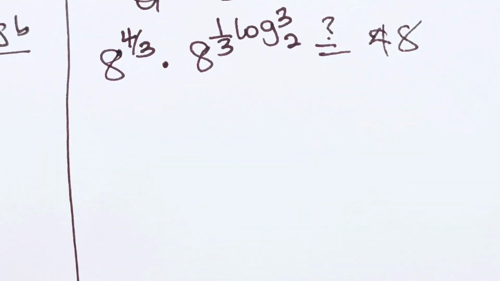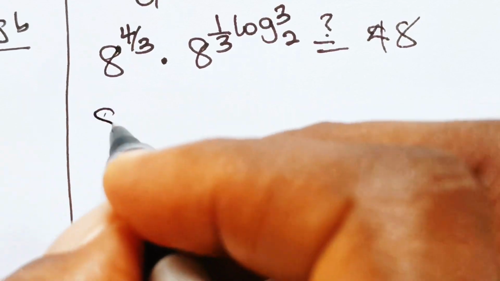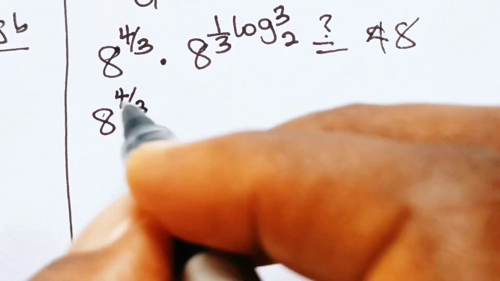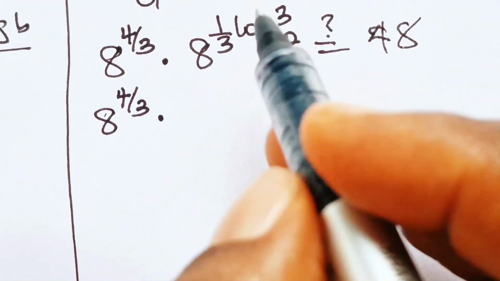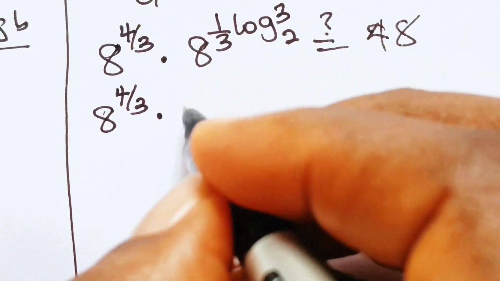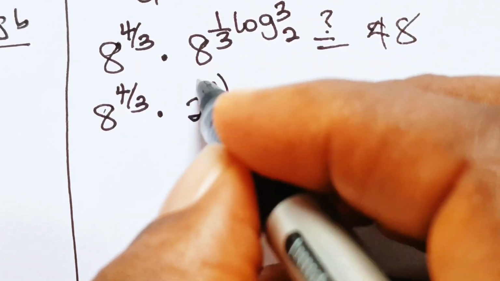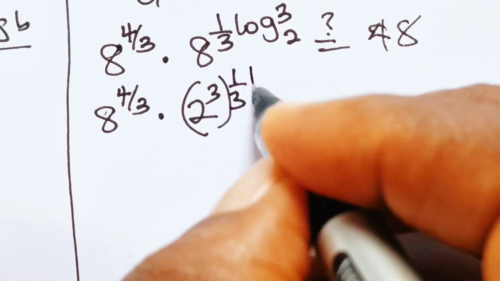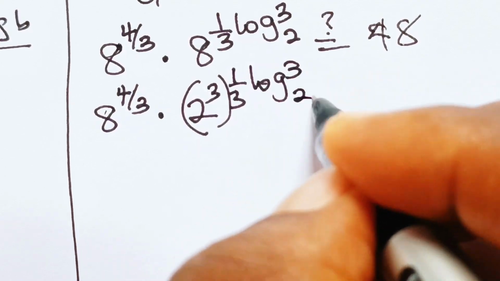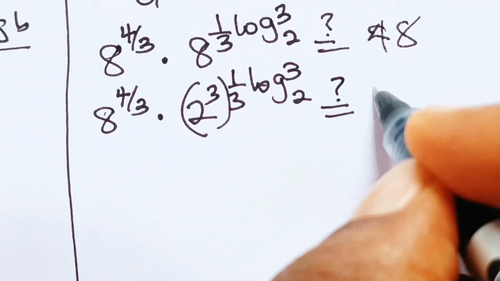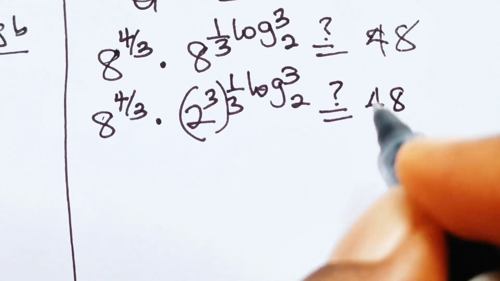Now we have 8 to the power of 4 over 3 multiplied by, this 8 can be written as 2 to the power of 3, raised to the power of 1 over 3 log 3 base 2, is equal to 48.